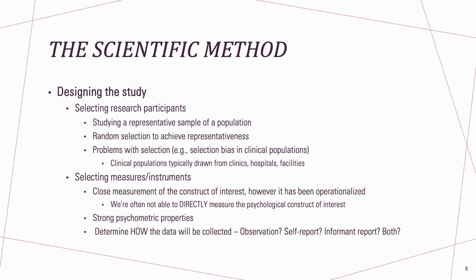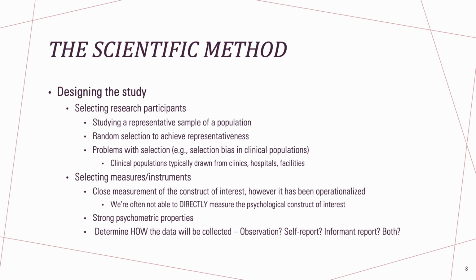So again, if our goal is to be able to draw conclusions from our study, to be able to extrapolate it to the general population, we want our study participants to be representative of the general population. So if we are randomly selecting people, that increases our representativeness of the population rather than being pigeonholed and picking very specific people with very particular characteristics that are not actually representative of the general population.